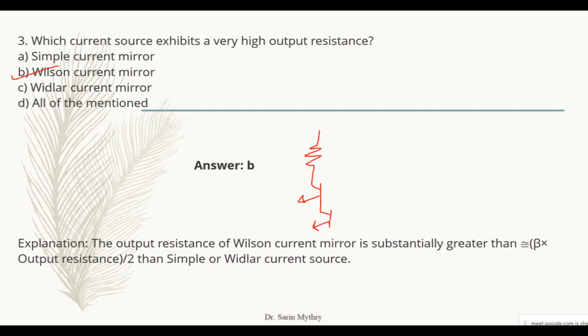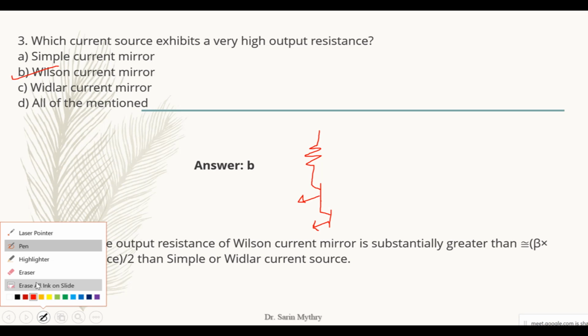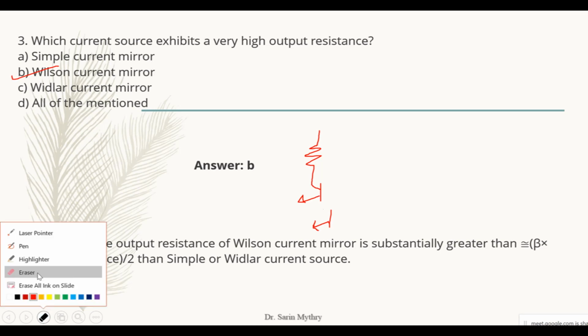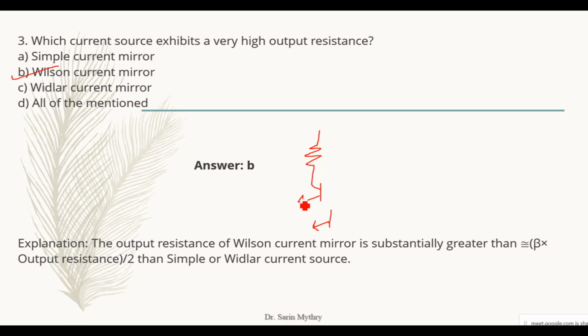It should be like this. It is not from this part, it has to come from the emitter. So the emitter will connect to the collector of this second transistor, and here you will have this junction.